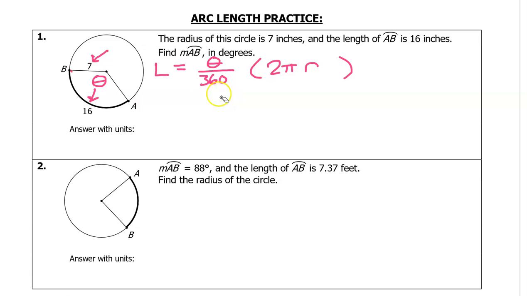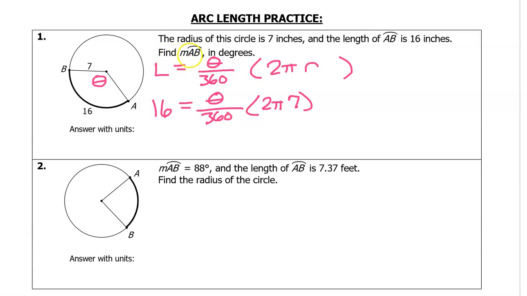Let's go ahead and fill in what we know. The radius of the circle is 7, so I will have theta over 360 times 2 pi 7. The length of arc AB is 16. So we're given the arc length, and that 16 is going to go right here.